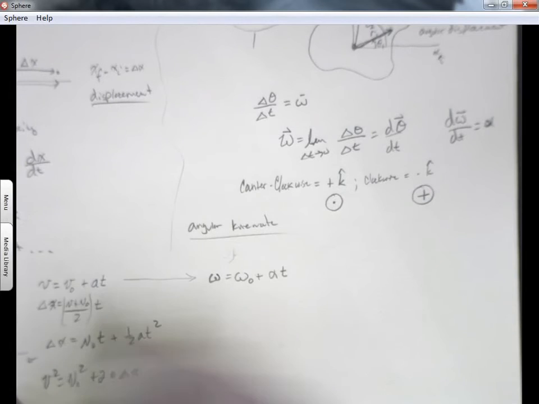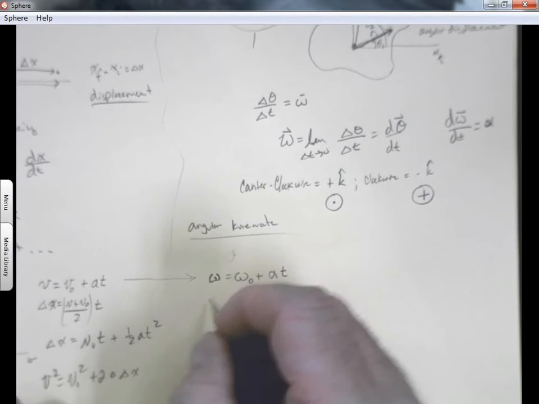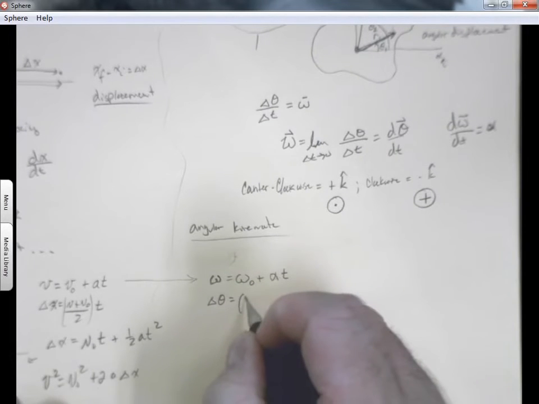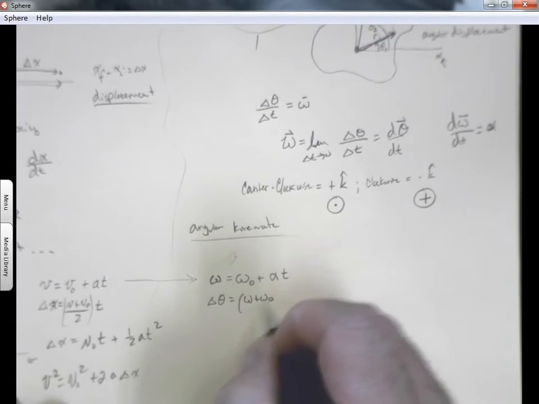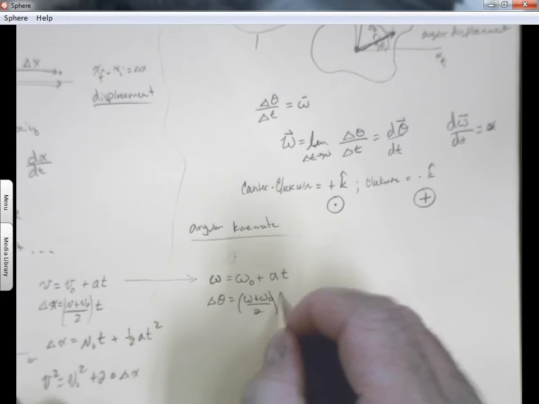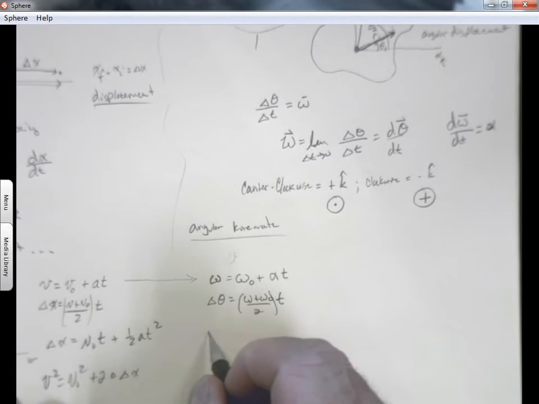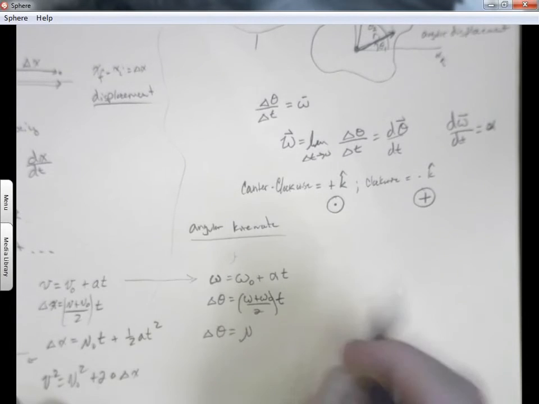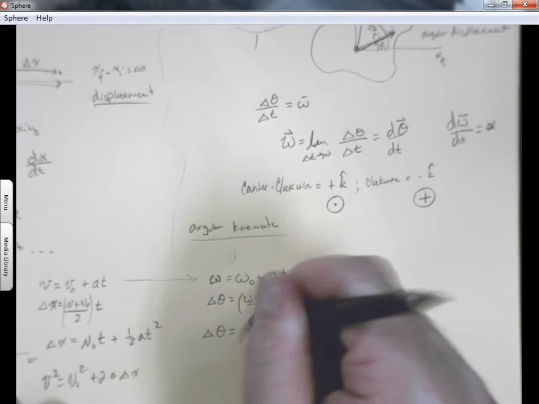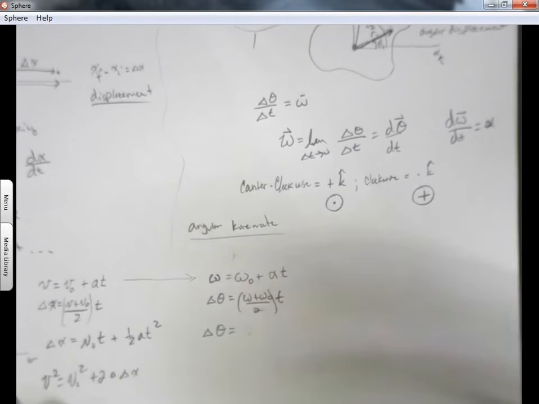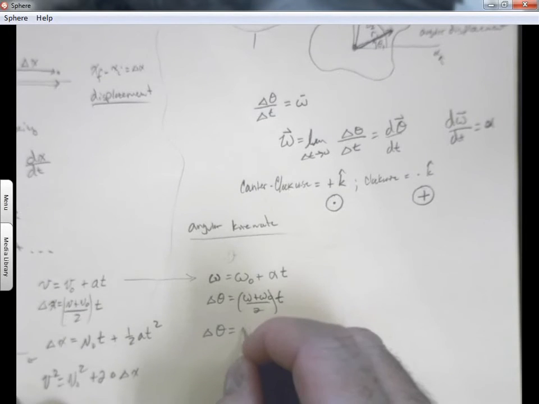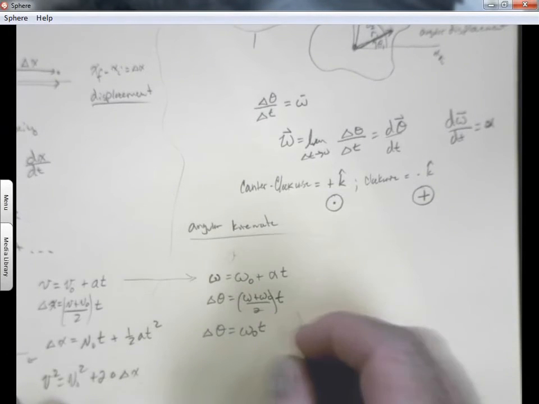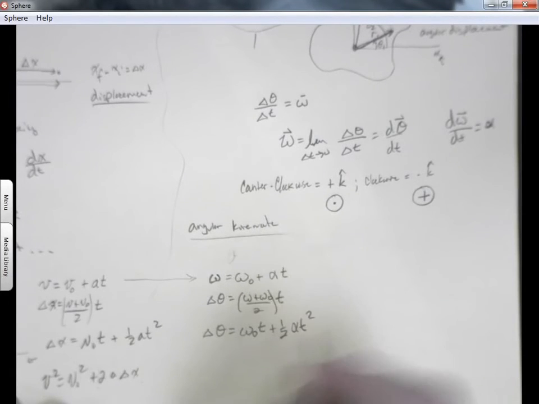So these two are analogous equations. We're going to have delta theta equals omega plus omega naught over 2, times t. Delta theta equals omega naught t plus 1/2 alpha t squared.